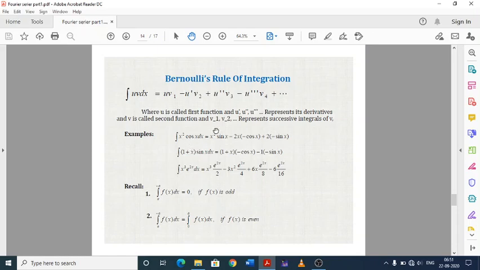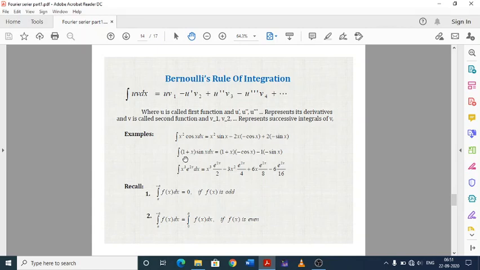The integral of sin x is minus cos x, plus the second derivative of the first function, that will be 2, times the third integral of the second function, minus sin x. Next, if you continue this procedure, the derivative of 2 you get 0. So I have to stop here.